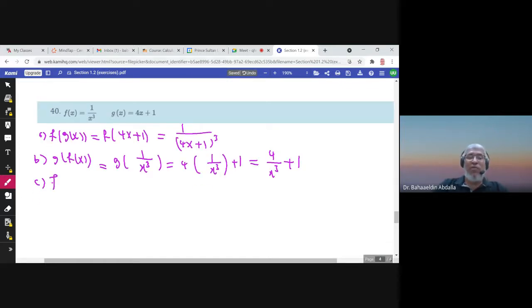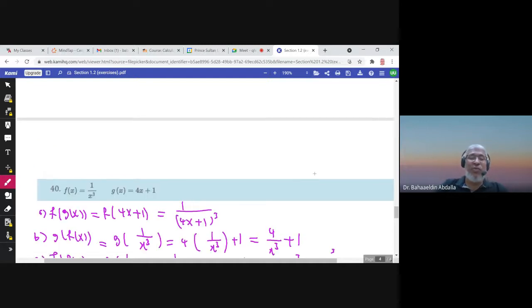So it is f of 1 over x cube. So it is 1 over 1 over x cube. To simplify this, I write it 1 divided by 1 over x cube, which is 1 times the reciprocal of this, which is x cube. So the answer is x cube.